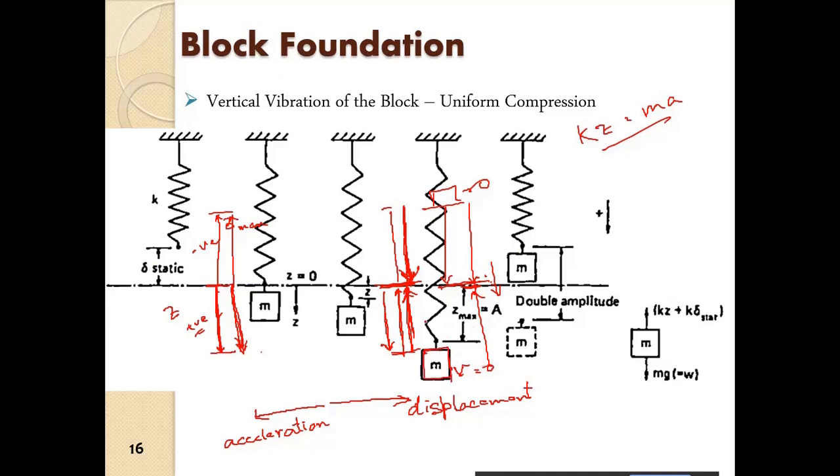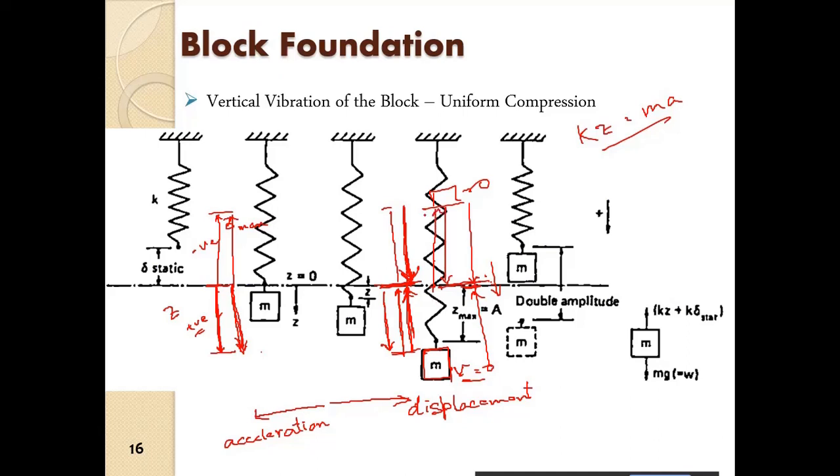Then it will change its motion, so now it is coming down, so it will reduce, it will stop, velocity will stop. Then again the velocity will increase in the upward direction, maximum at this point, and it will shoot up to this position.